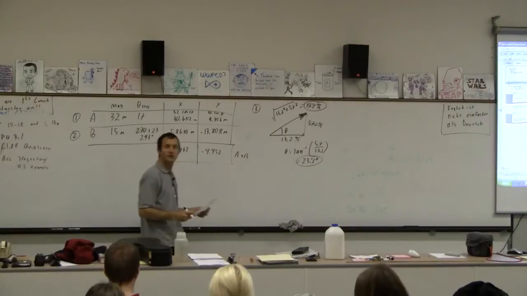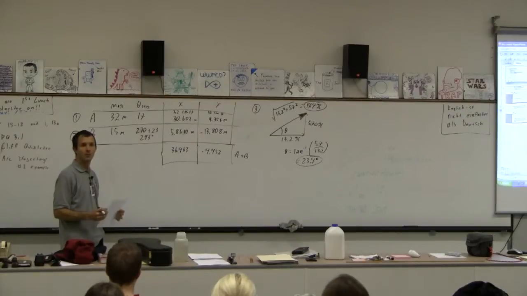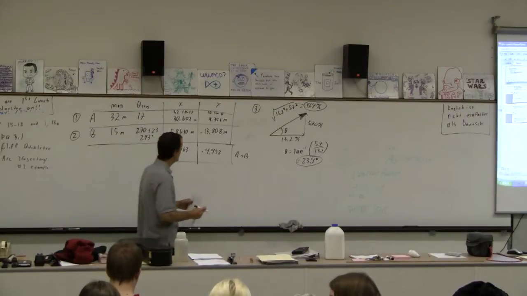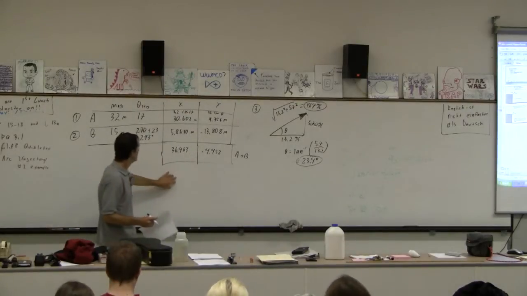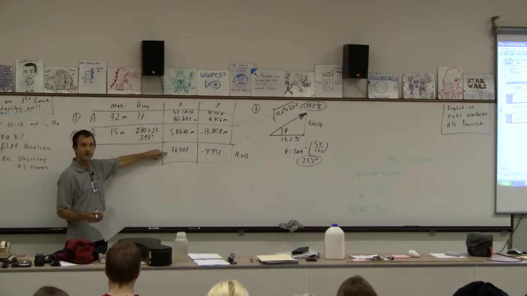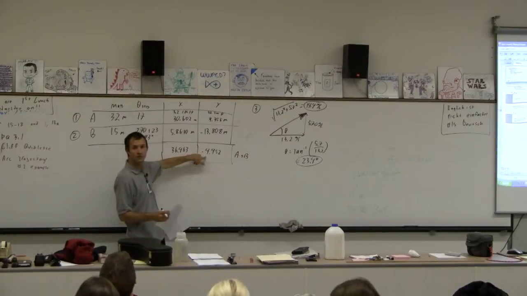Are we okay on 3? Are there any questions about 4? I'm guessing I don't even need to talk about 4. Hoping. And then for number 5, do you add these guys together and get this for your x component? And then add these guys together and get this for your y component?